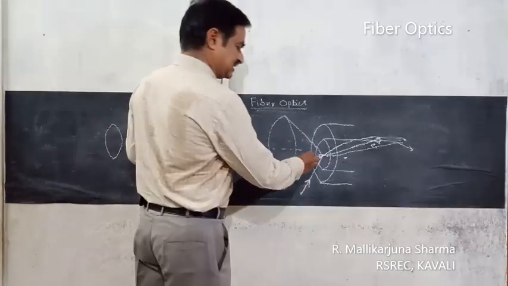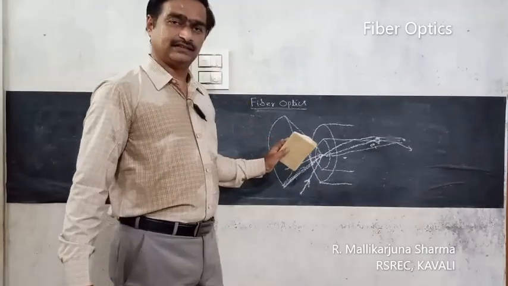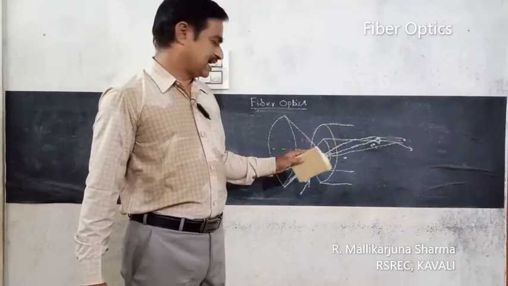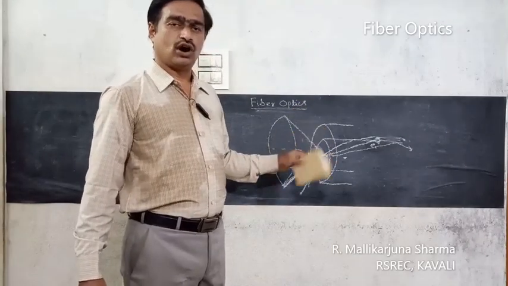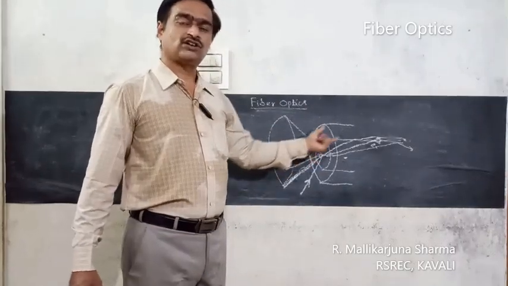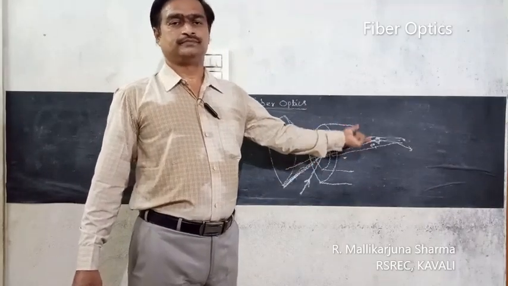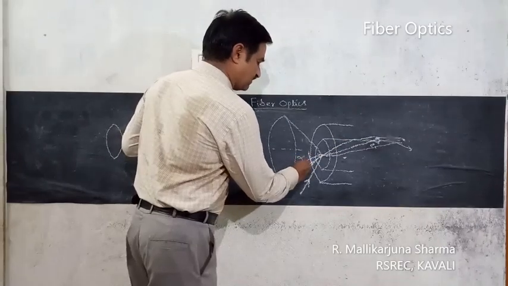Then this angle is called the acceptance angle. That is the semi-vertex angle of this acceptance cone, or the maximum angle of launch up to which the light rays are accepted by the core medium. We call this alpha m.